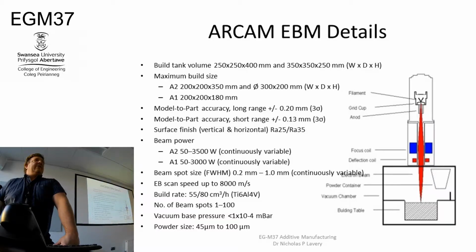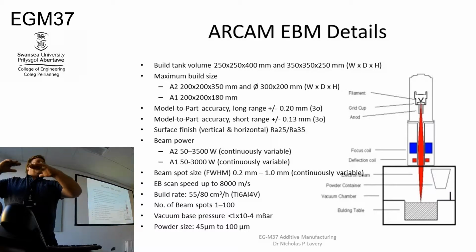It's quite a high roughness for a process, which should be compared to our powder bed process, which is more in the region of about 12 to 15 microns on finished parts. It's not to say you can't polish it. You can polish it. Now the beam power is significantly higher in terms of watts, but then of course this is an electron-based system, so it doesn't have exactly the reciprocal of an optical-based power rating.